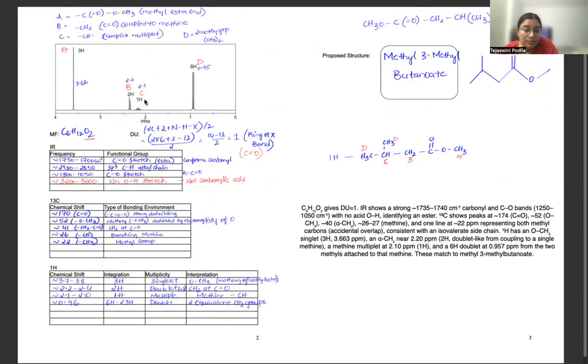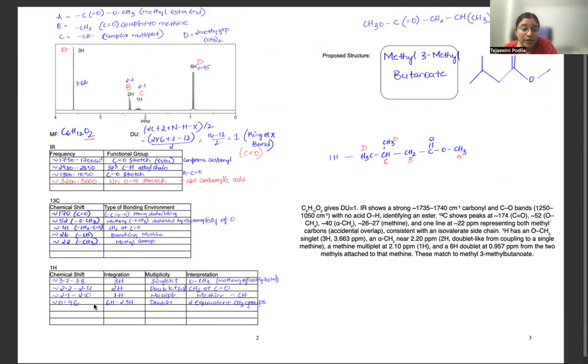At 2.0 to 2.1, there is a 1H integration, and it is a multiplet. That could be the CH group, because it is surrounded by CH3, CH3 and CH2, so 3 plus 3 plus 2 neighbors, plus 1, a septet, so multiple peaks.